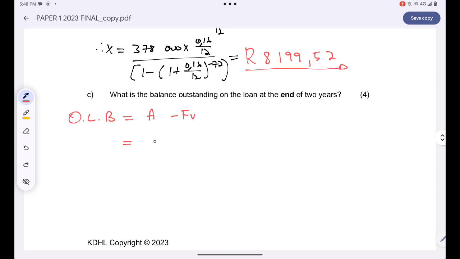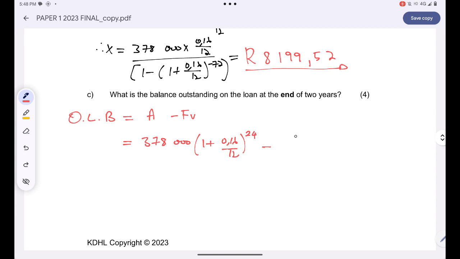The amount of the loan was 378,000 rands. It accumulated interest for 2 years. 2 years has 24 months, so that's just to the power 24, minus the future value.